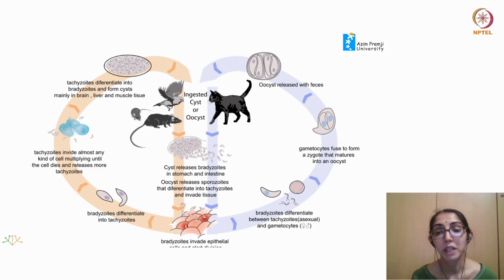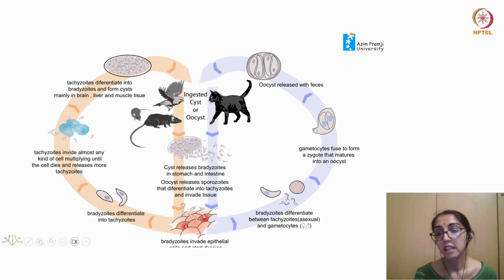What it does is it enters the intestine of the cat, and within the gut of the cat, it is able to differentiate and form gametocytes, and this allows it to reproduce sexually. And this sexual reproduction only occurs in the definitive host, which is the cat, right?